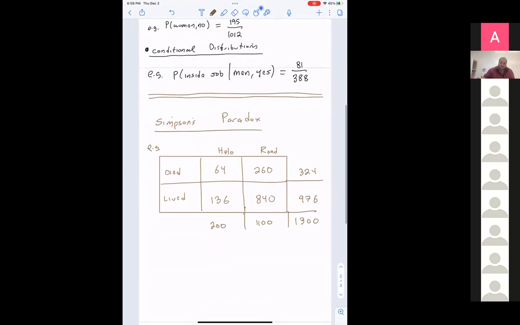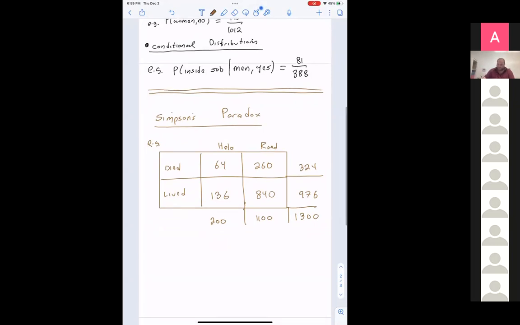Now, what we're interested in is the likelihood that a person would live or die if they went by helicopter versus going by road. We want to compare them to see whether or not one is better than the other. What's the probability that a person died given that they went by helicopter? 64 out of 200, which is 32%.